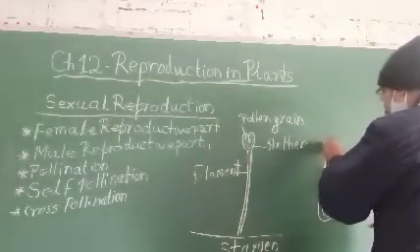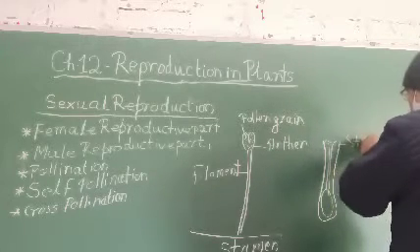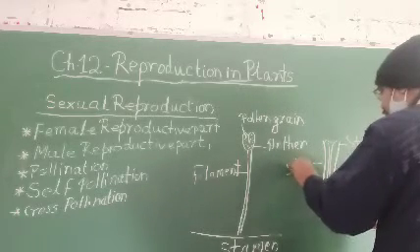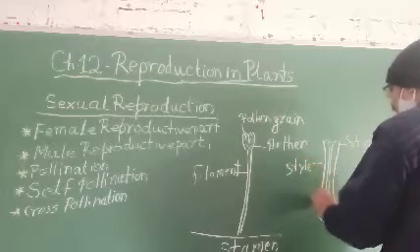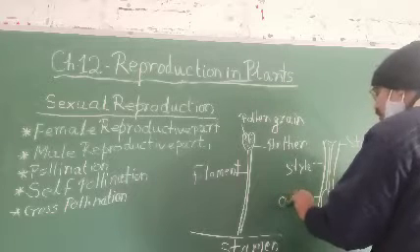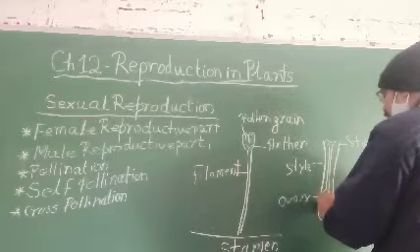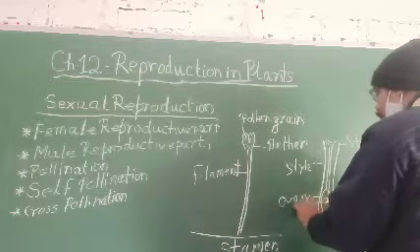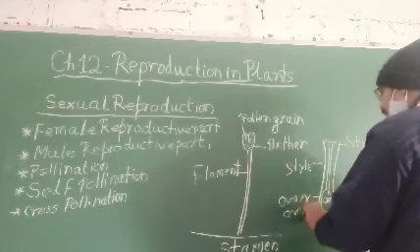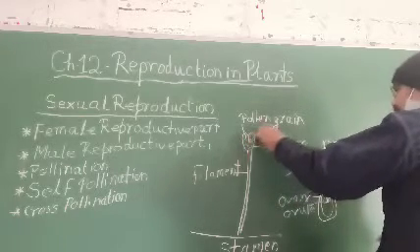So this upper part is called the stigma, and the middle part is called the style, and this part is called the ovary, and inside the ovary ovule is present that contains ovum.